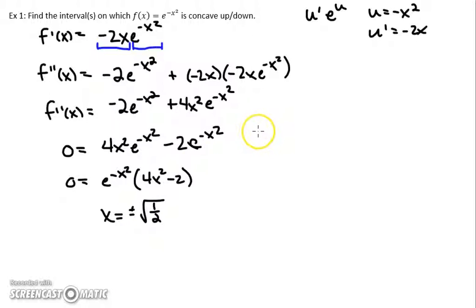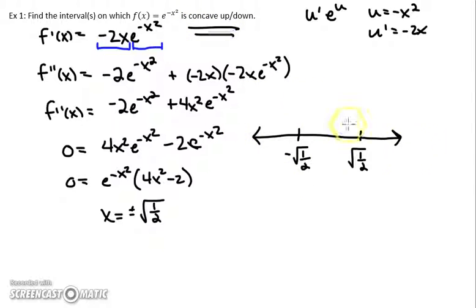Now we just make our number line. We have a negative square root of 1/2 here, a square root of 1/2 here. We're going to want to label our number line. We're trying to find concavity, so we want to put this into our second derivative. Because we solved this, we know that our second derivative is 0 at those 2 points.